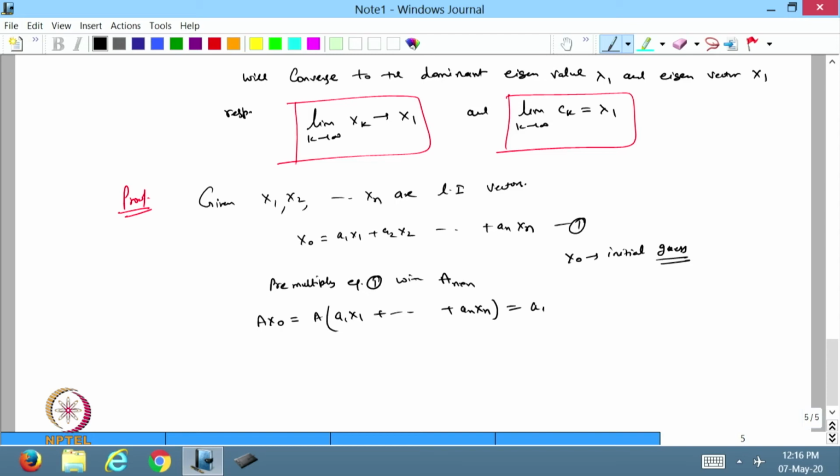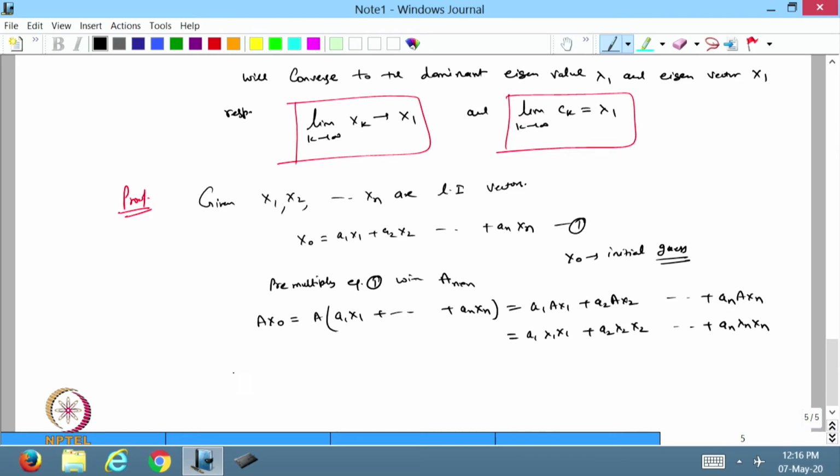So, I can write this as a1 A x1 plus a2 A x2 and up to an A xn. Now, x1 is the eigenvector corresponding to the eigenvalue lambda 1. So, from here I can write that this should be equal to a1 lambda 1 x1 plus a2 lambda 2 x2 up to an lambda n xn.